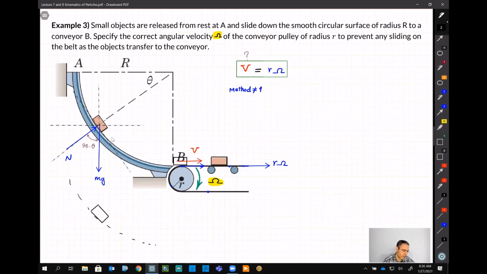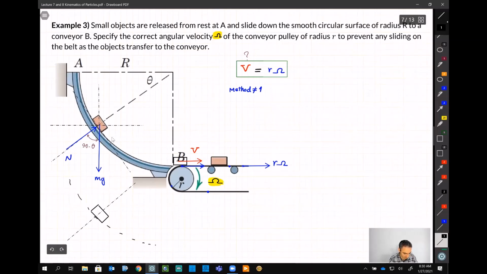And we know when something is moving in circular motion, we should have two components of acceleration. One is normal and one is tangential acceleration, right? So quickly I say I should have one AN and one AT. This is my AN and this is my AT.